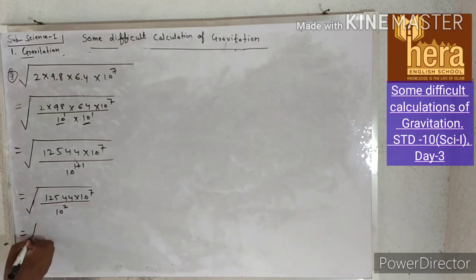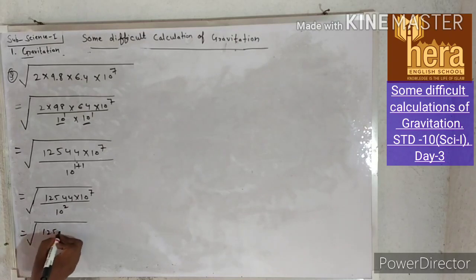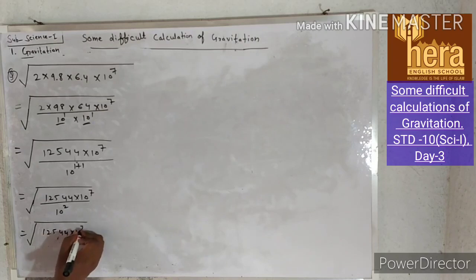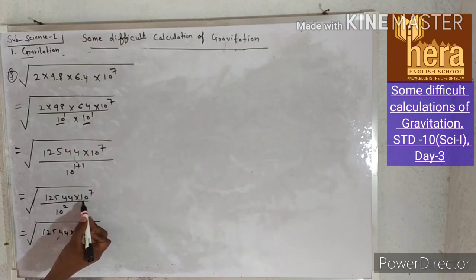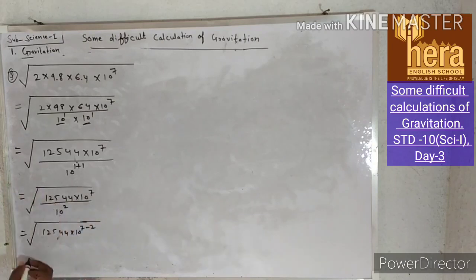So this will be equal to 12544 into 10 raised to 7 minus 2. Since the base is 10, but both are in division, so this 2 will be subtracted from 7. So this will be equal to 12544 into 10 raised to 5.